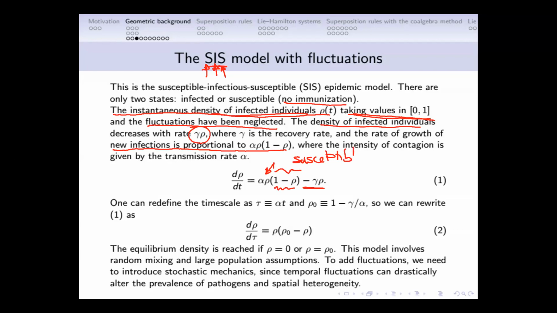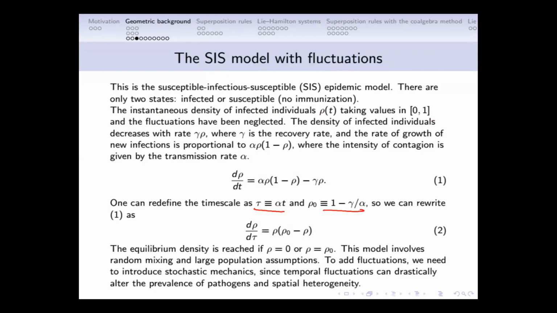As you can see, this is very similar to what I was showing you before. This xy factor, when they were meeting each other, and this other one, because they are recuperating. So in this model, we can just make a time rescaling, and we get to this differential equation.